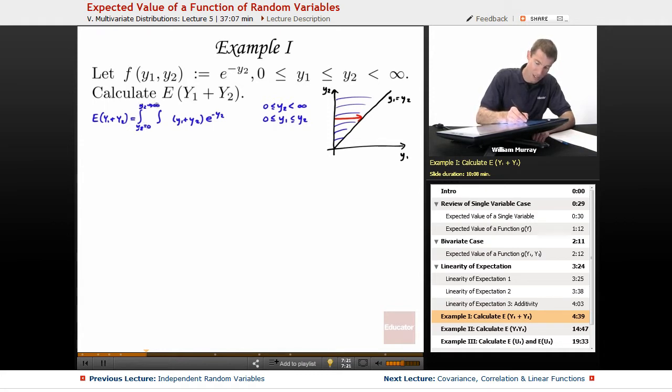We'll take the limit as it goes to infinity. And y1 goes from 0 to y2. And that means I'm going to integrate y1 first because it's on the inside, so I'll put dy1 on the inside and dy2 on the outside.